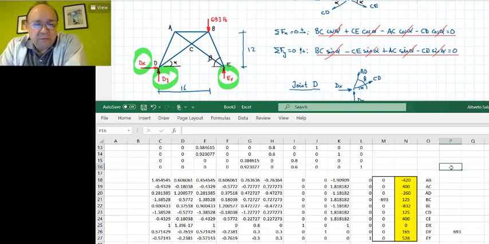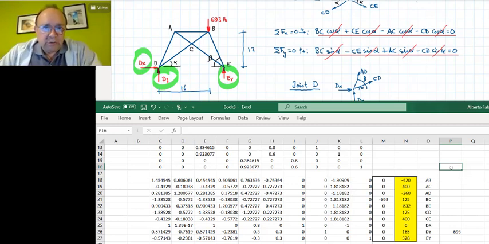We should maybe make another check. You always have to check your work somehow. Take one joint at random and check the equations of equilibrium. Make sure the forces add up to 0 in the x and y directions, and that should do it.